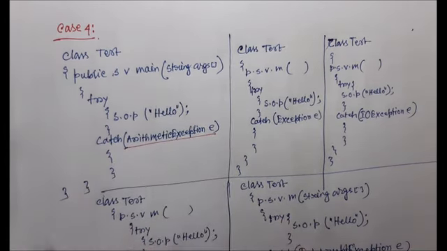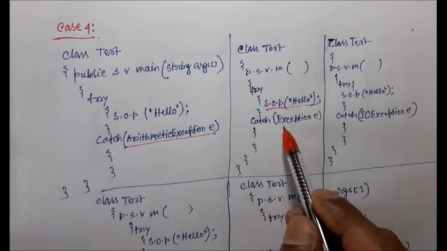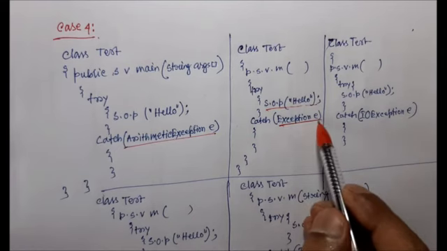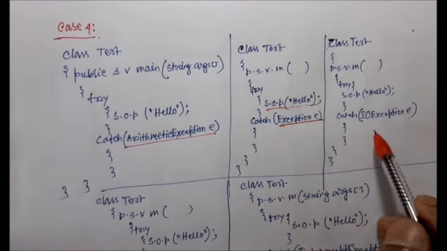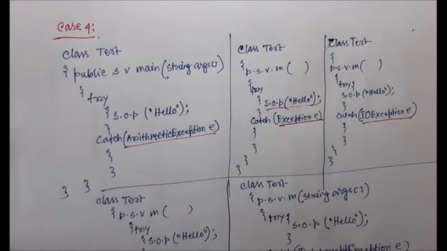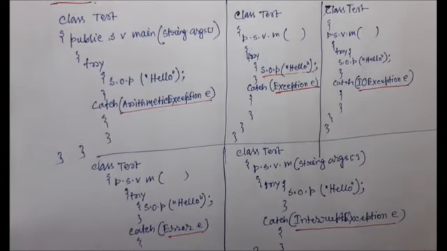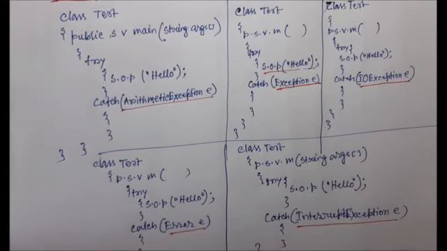I am writing the same content in every class, System.out.println hello, and here I have written Exception e. Next example, IOException e. Next example, Error e. Next example, InterruptedException e, right. So we have 5 examples.